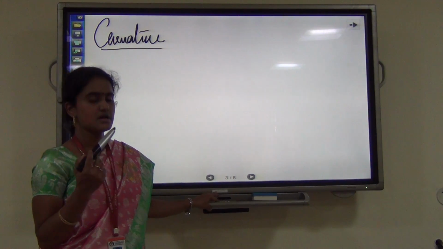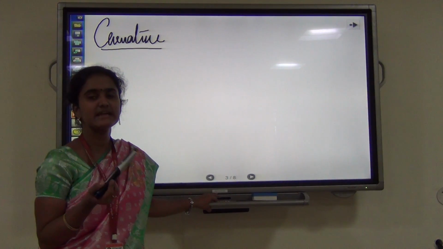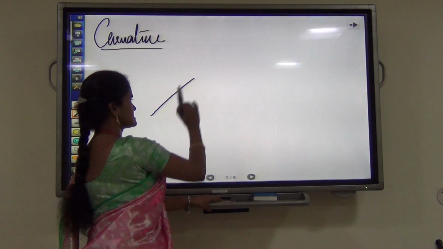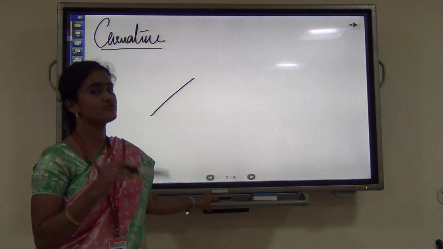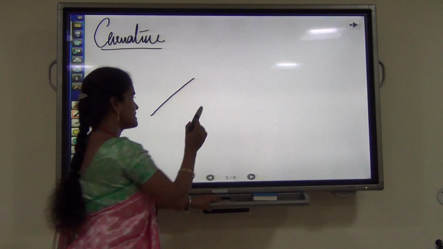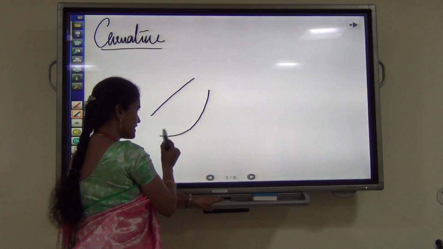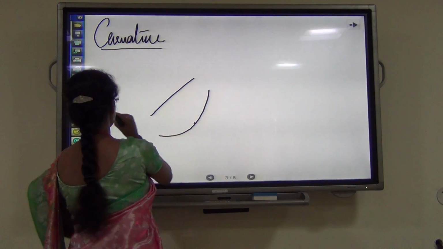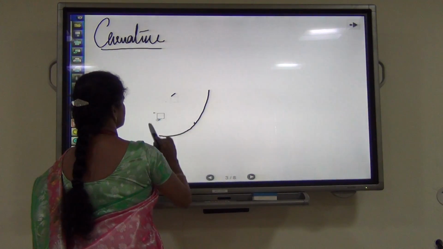For example, we cannot define curvature for a straight line. That will be 0. A straight line will be like this. You cannot define any curvature for a straight line. Only when it is a curve can we define the curvature of the curve. Let us define it.